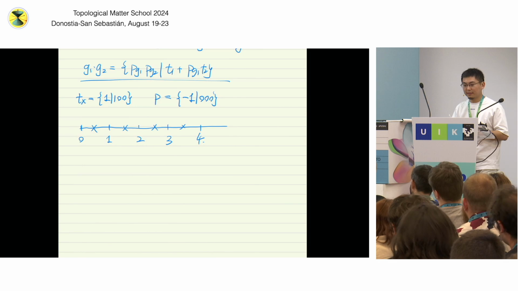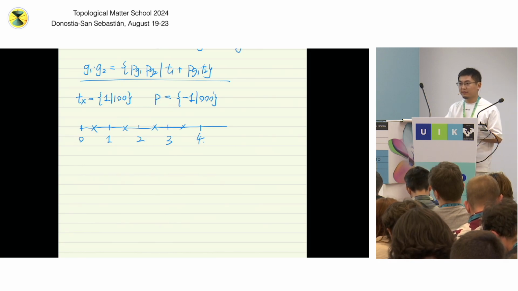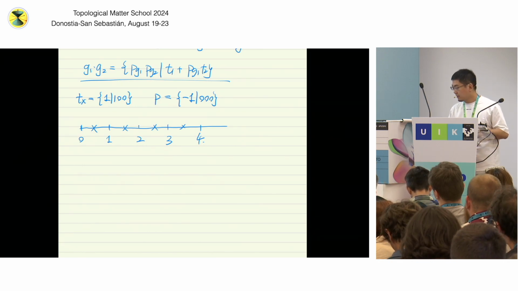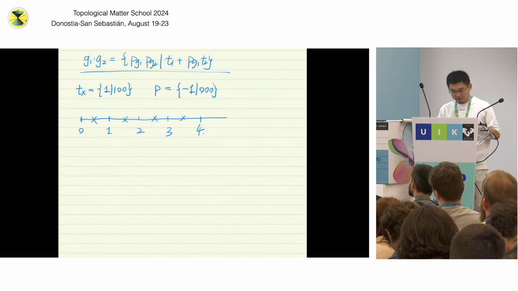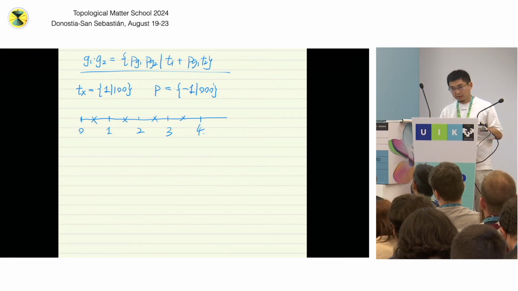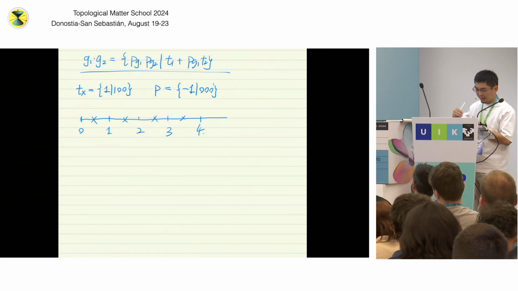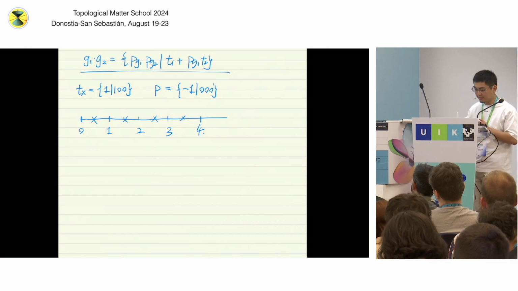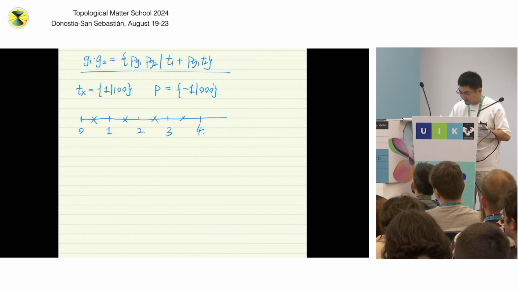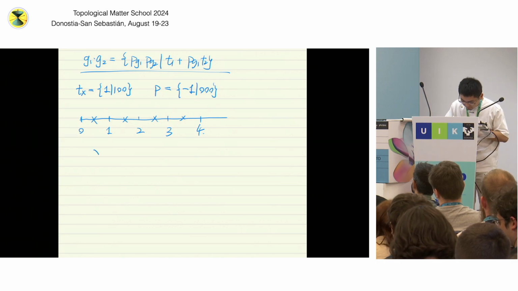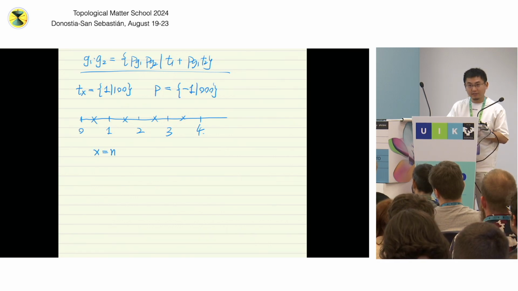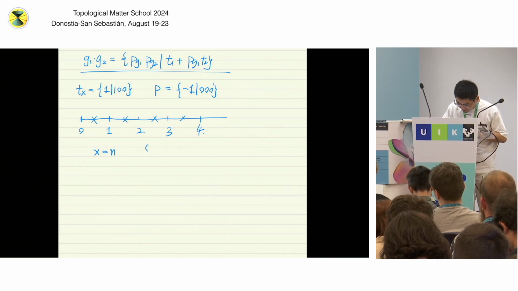Now let's consider the symmetry of all these different positions in real space. We can first notice that all the integer positions have higher symmetries than points in their neighborhood. For example, the position located at x equal to n is invariant under this operation.